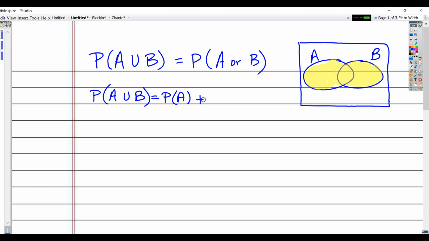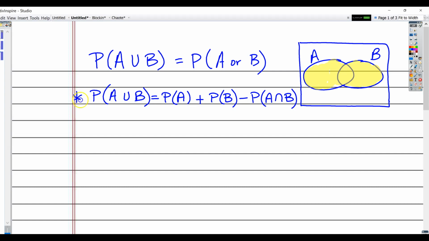So I'm going to add probability of B. Now, there's a little trick. You have to subtract out any overlaps. Isn't that weird? You have to subtract out any overlap. When I do an example for you in just a second, you're going to understand that.